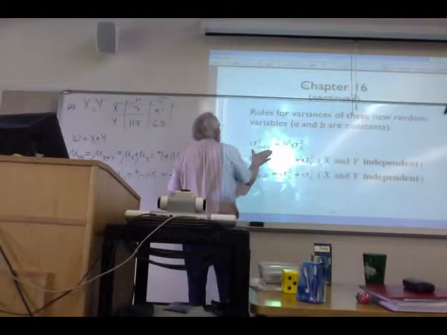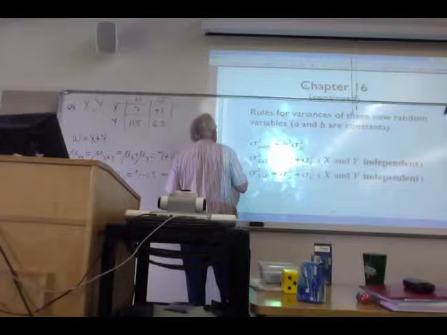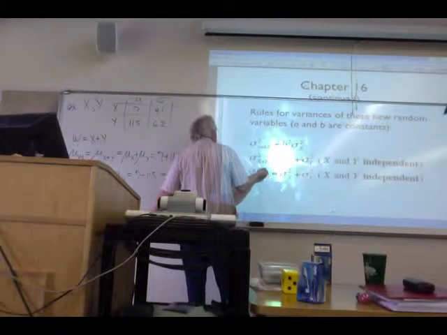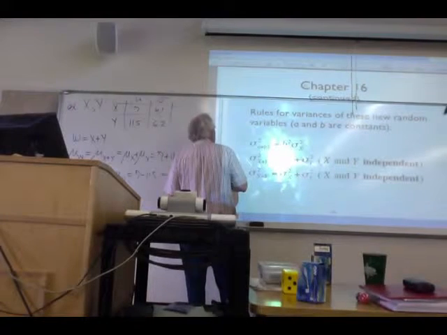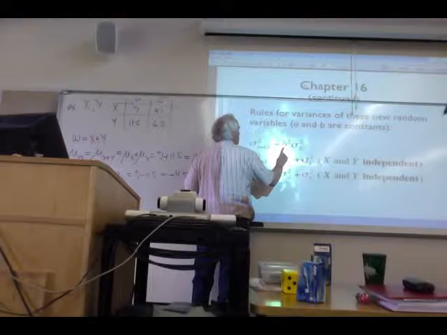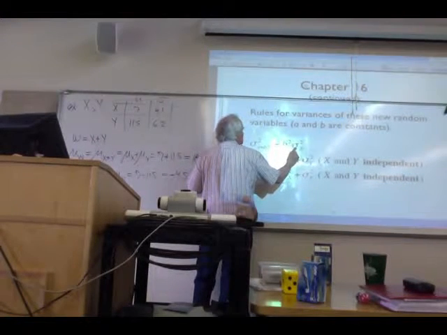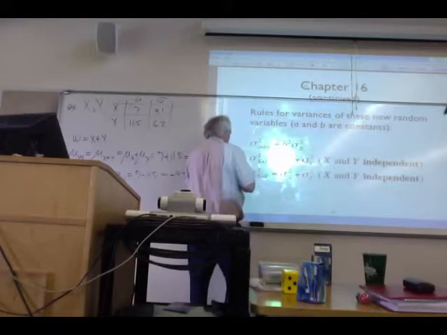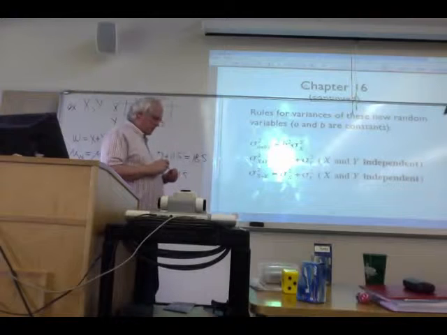Now on the left-hand side, this is a symbol that represents the variance of the random variable a plus b times x. A and b are assumed to be constant numbers, and x is a random variable. On the right-hand side, you see the symbol b, and it's squared, and we're multiplying it times the variance of x. Again, there's no multiplication symbol there, but it's understood.